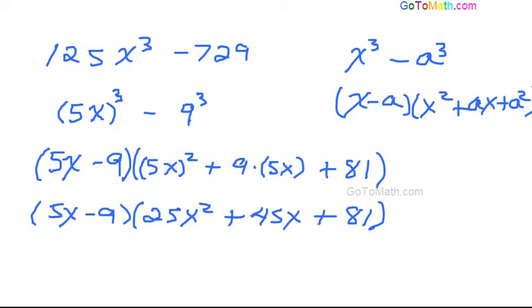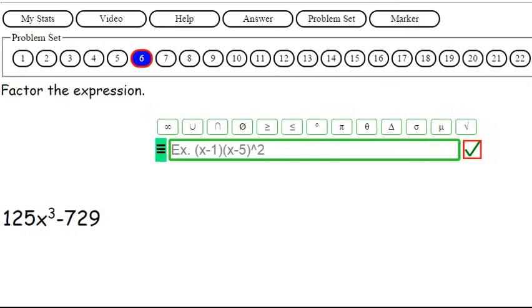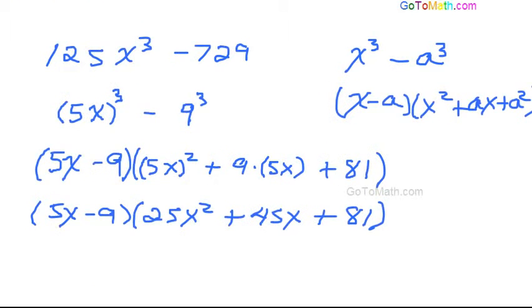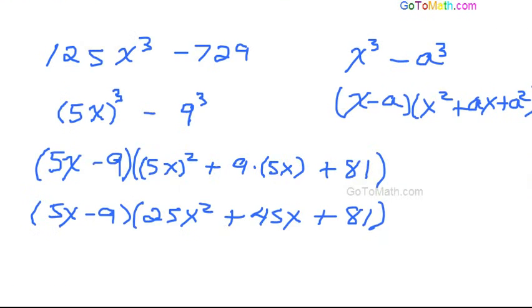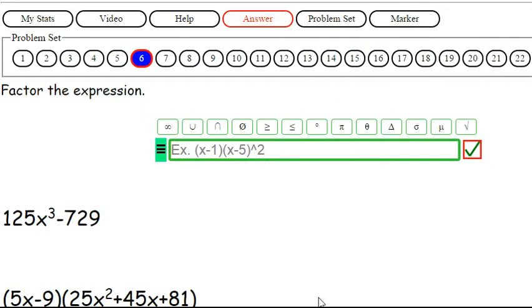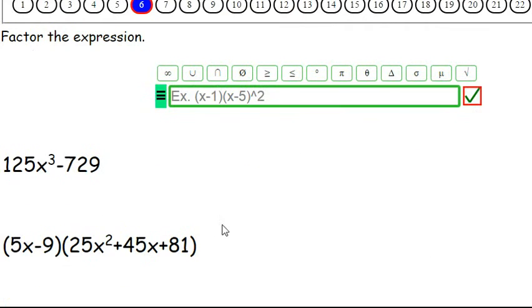So 5x minus 9, 25x squared plus 45x plus 81. Sorry if I have to go back and forth on that, but I want to make sure we got everything right.